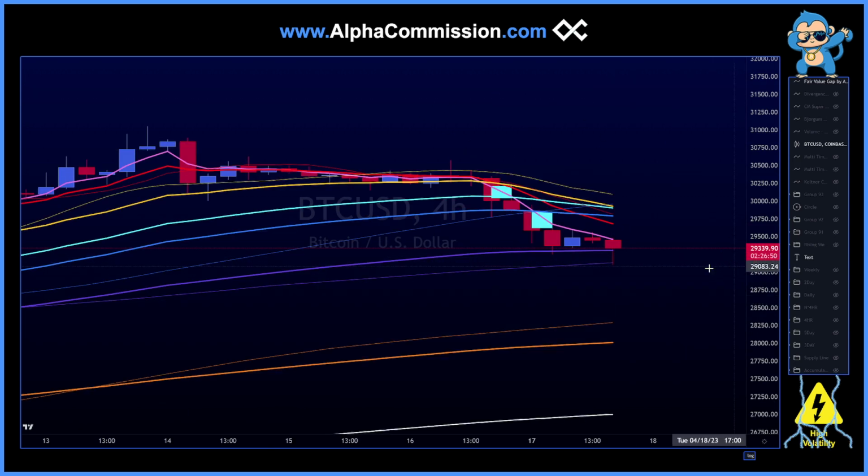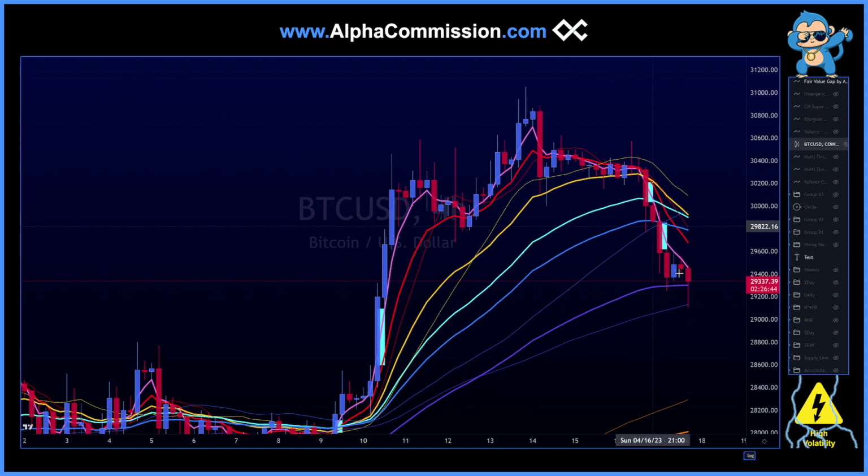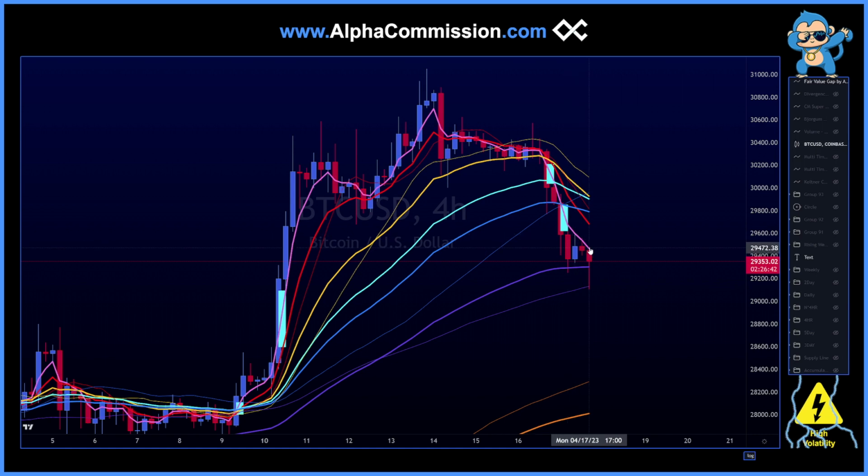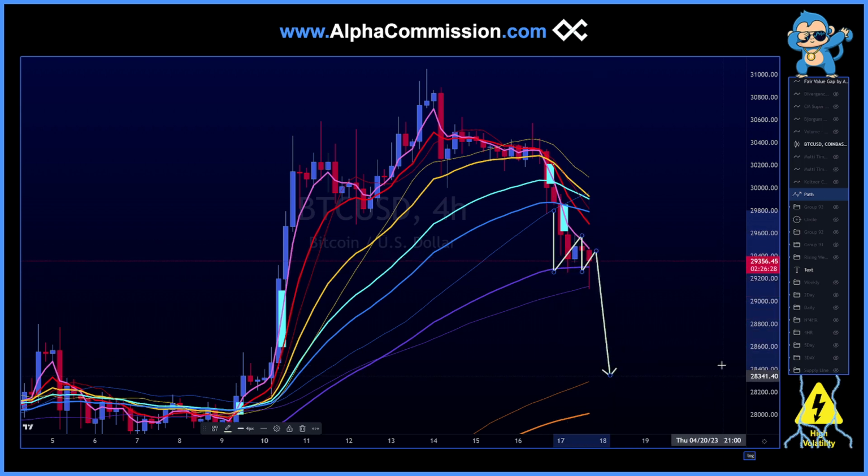And the 4-hour here, that's a nice looking candle, but I don't like how it didn't recover the 4 EMA. That's a really bearish sign to not be able to recover the 4 EMA, but it has a couple hours left. In this configuration, this is basically just squeezing to the downside, okay? And that could be really dangerous. This could be a very powerful squeeze to the downside on the 4-hour.